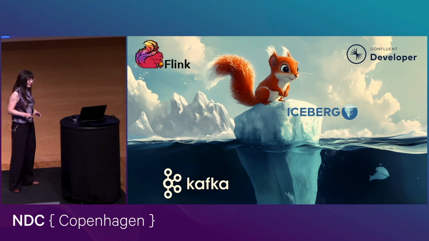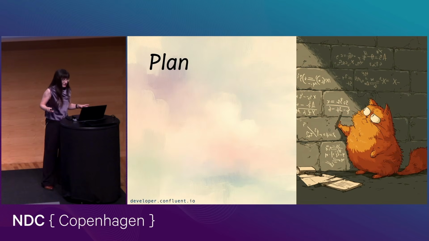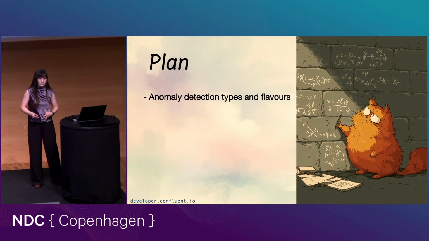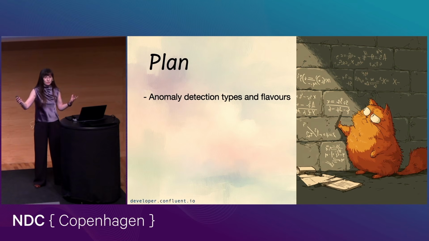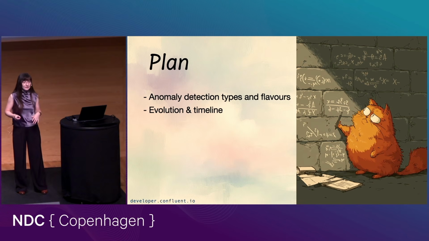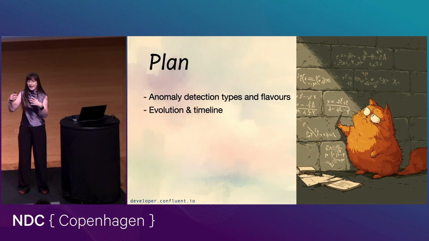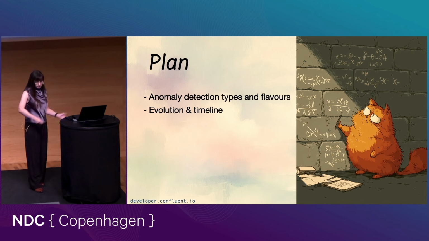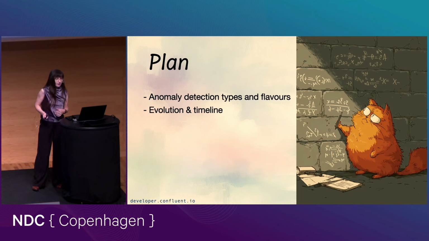Okay, cool. So the plan for today will be to look at some types and flavors of anomaly detection, just understanding what it is, what we're talking about, so that we are on the same line. Then look at the evolution of the technologies, of the tools we have to work with anomalies over the past years.